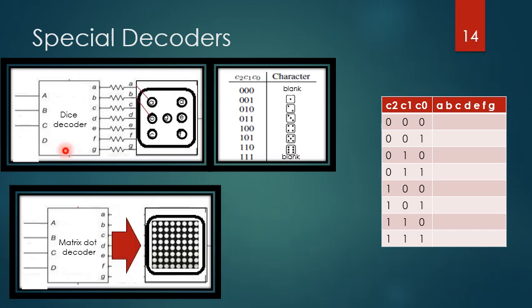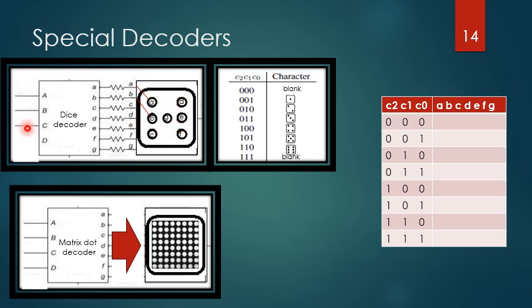Another special decoder could be the decoder that works with the dice display. Like here, there's a dice display where when 000 at the input, sorry, should be C2, C1, C0. Okay, so input C2, C1, C0 equal to 0, 0, 0, then the dice is blank.